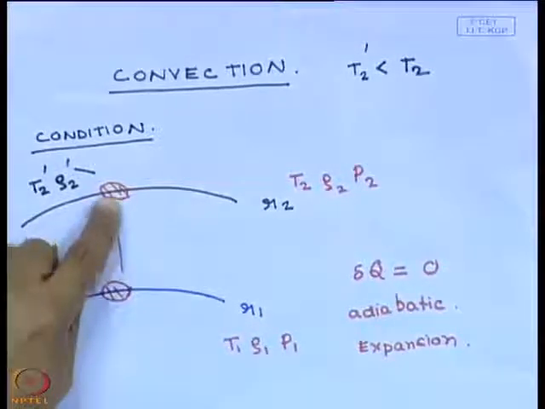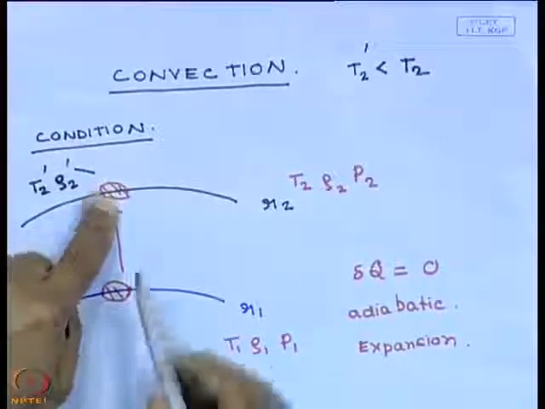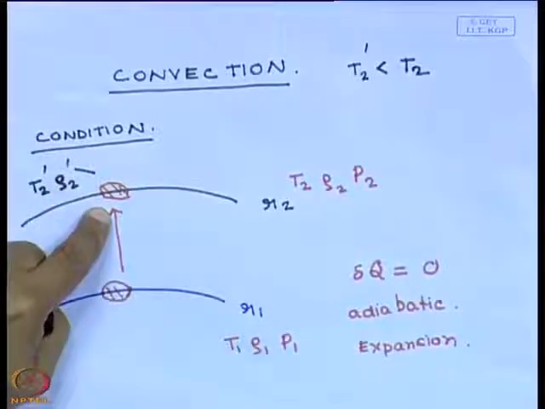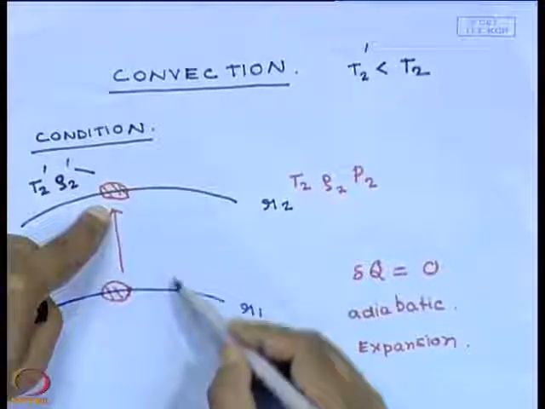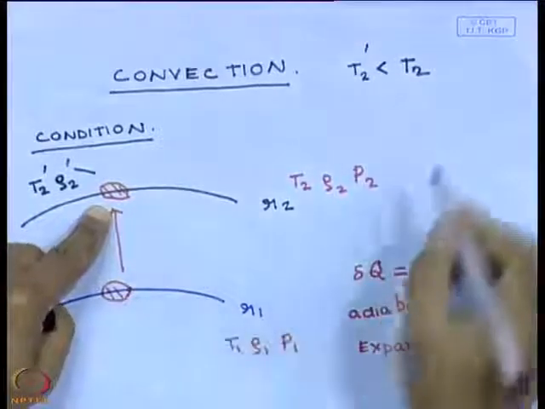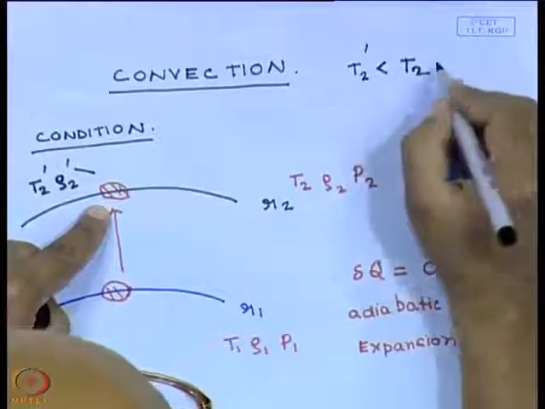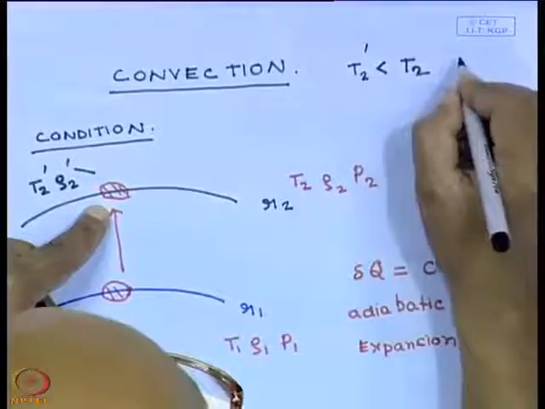If the density of the bubble is more than the surrounding density, then the buoyancy force is going to act downwards and the bubble is going to come back to its equilibrium position, and there will be no convection. So, if this condition holds, then there is no convection.